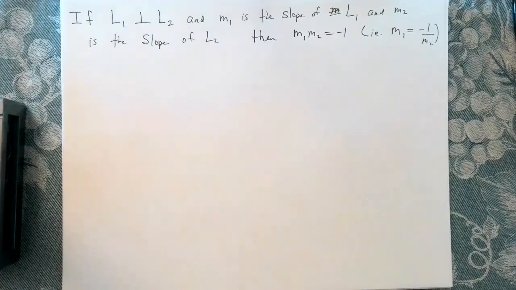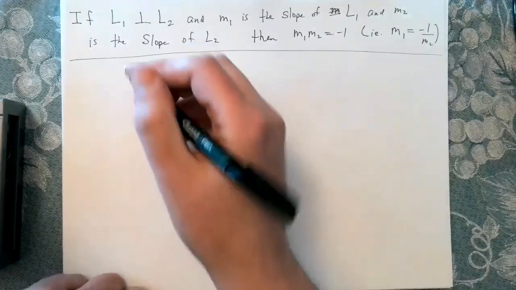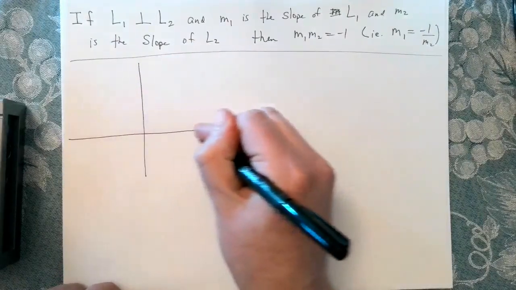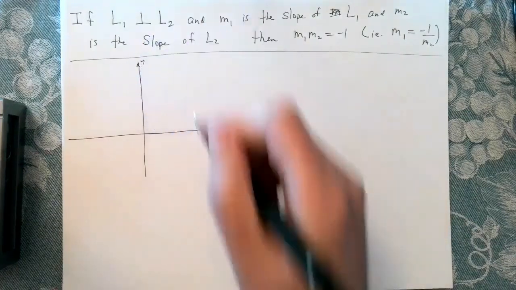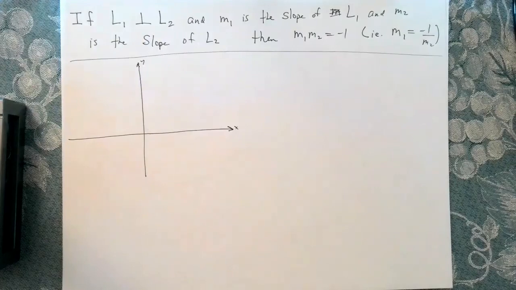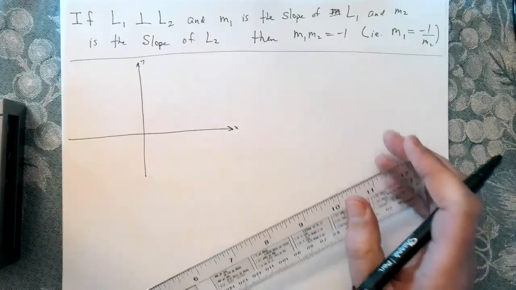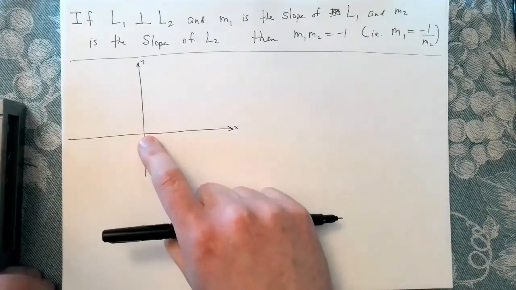Okay, so let's sort of draw out the situation and make some clever choices so we can prove this. Okay, so I want to pick two lines that are perpendicular to each other. There's no reason to not pick a line that goes through the origin.